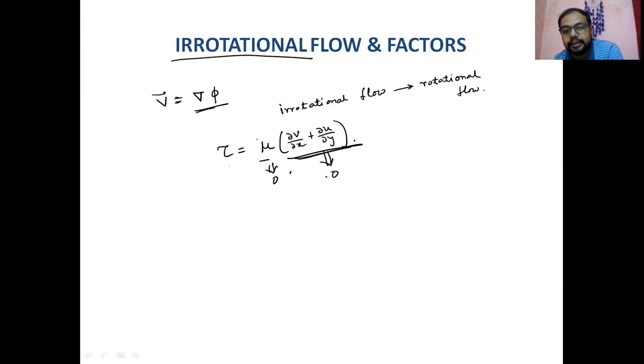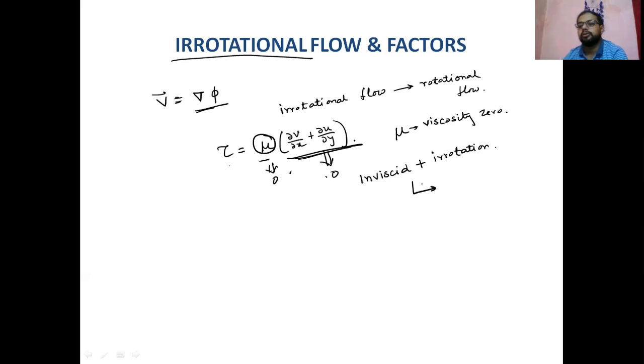But the matter is here: if the viscosity is neglected or 0, so inviscid case plus irrotational, if this is combined, we can ensure it much more, because viscosity is always causing some rotationality.